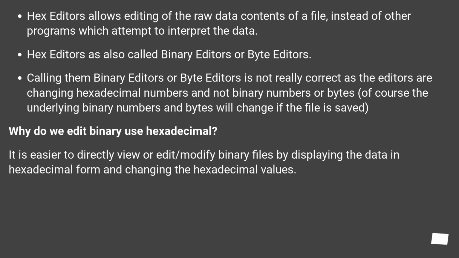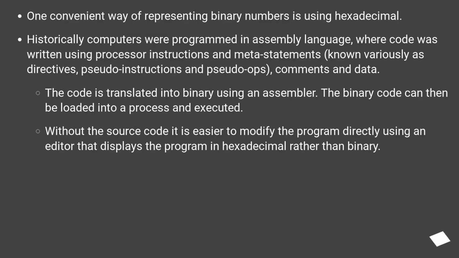Why do we edit binary using hexadecimal? It is easier to directly view or edit/modify binary files by displaying the data in hexadecimal form and changing the hexadecimal values. One convenient way of representing binary numbers is using hexadecimal.